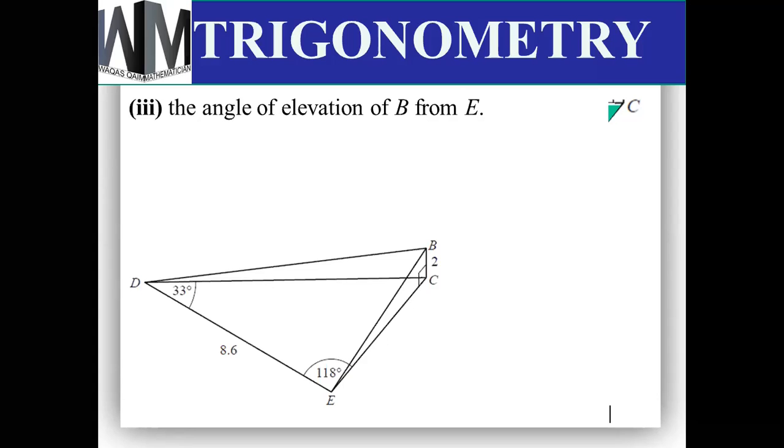Now in part 3, we have to calculate the angle of elevation of B from E. For this angle of elevation, we are taking triangle CBE.